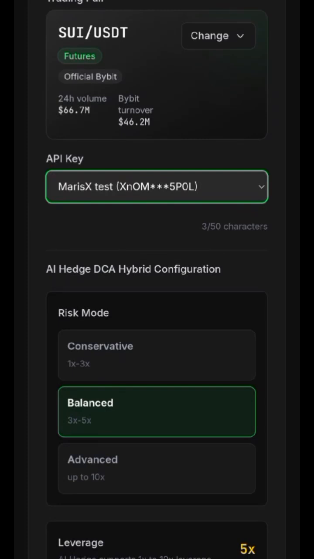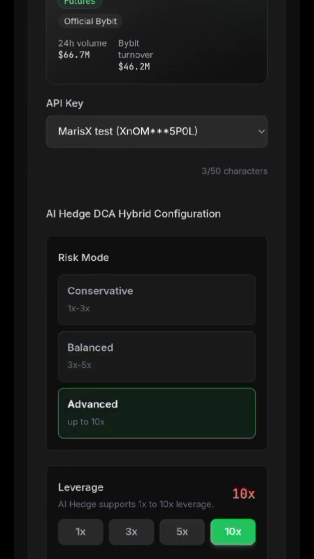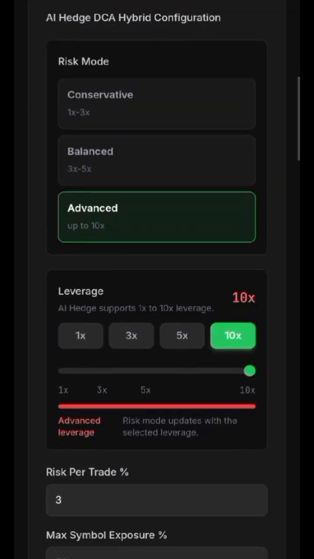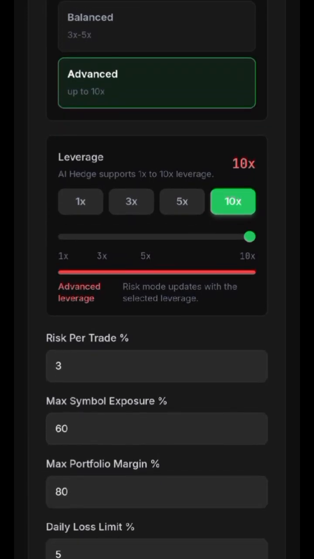All right, so for new traders, I recommend 5X leverage. For those that have been trading before, I recommend 10X leverage if you want to make more profit, because the higher your leverage, the higher your profit or loss. All right, so I will choose 10X leverage, and then below risk per trade, I will choose 3.